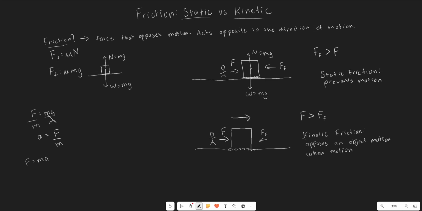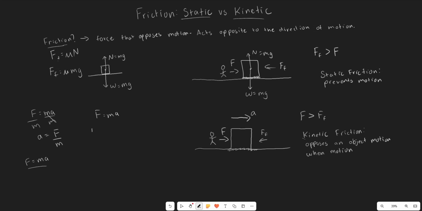And I also have a video on Newton's second law if you want to watch that. Let's use the diagram of kinetic friction, because here there's an acceleration of a. That means the box is moving, so we can use Newton's second law. Okay, so F equals ma. Let's just see how friction affects this formula.